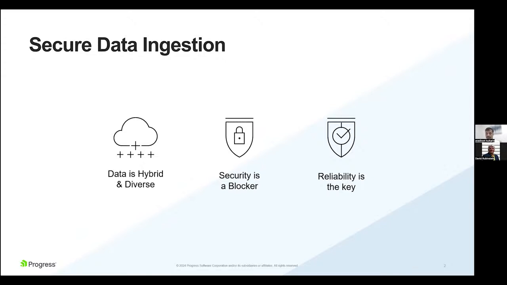And the third, which is obvious but often overlooked, is the reliability of the solution. Your SaaS application is dependent on the data to be ingested consistently and regularly without fail. All operations are so dependent on these integration flows that any glitches in this can throw off the entire value for your customers.